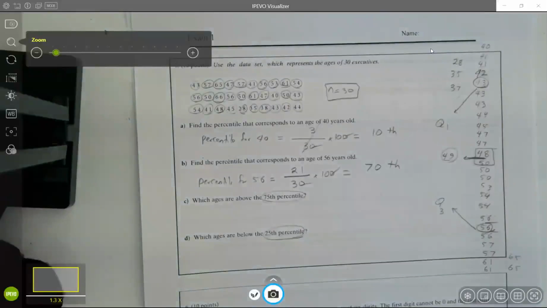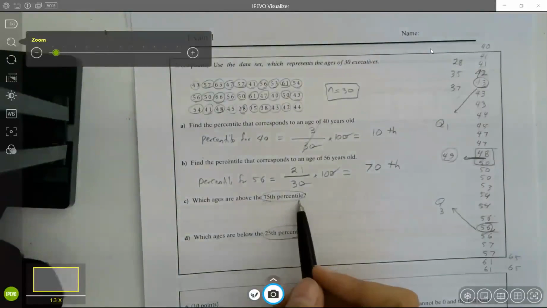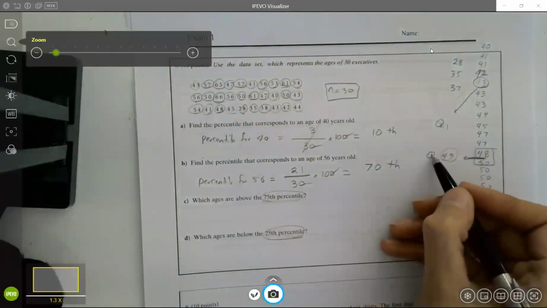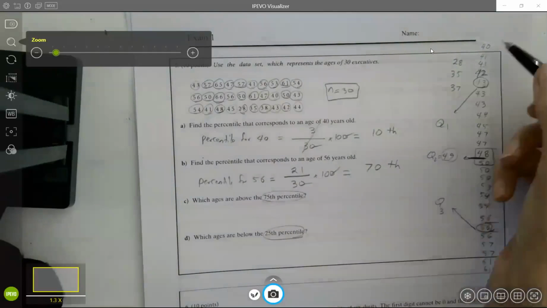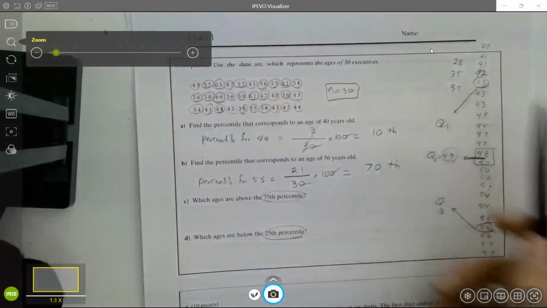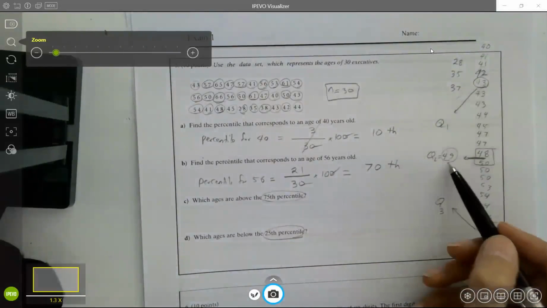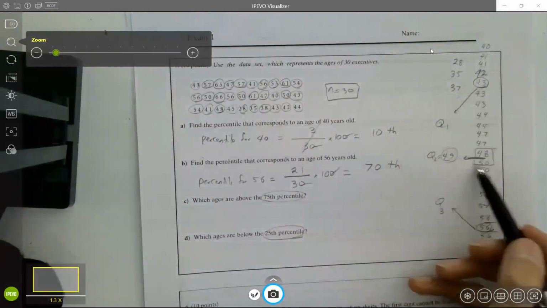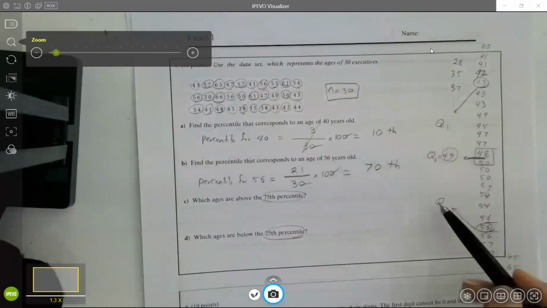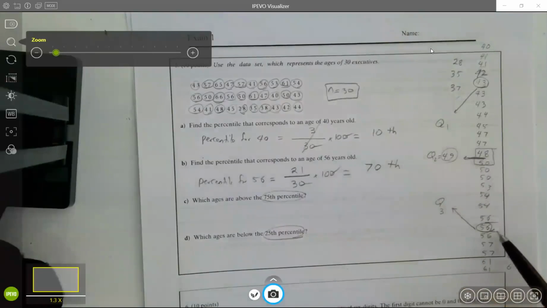To find the 75th percentile, we need to find Q1, Q2, and Q3. You can use your calculator, enter all of the information. You get Q1 equals 43, Q2 equals 49, the midpoint of these two middle numbers, and Q3 is equal to 56.